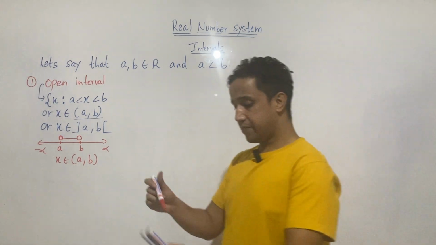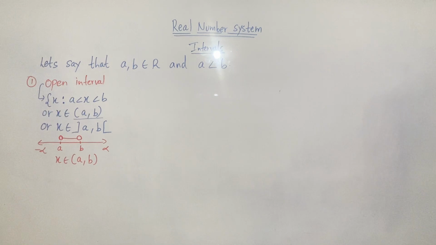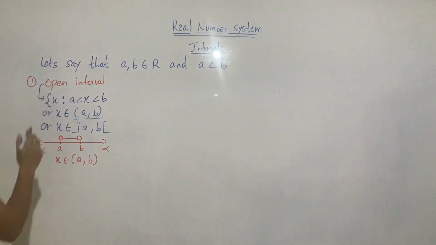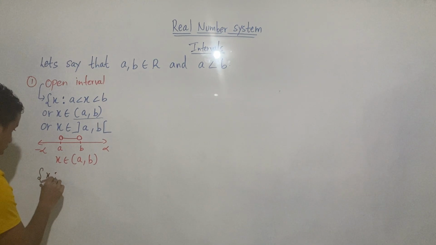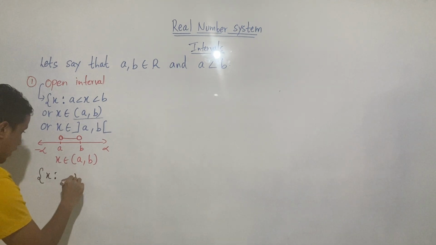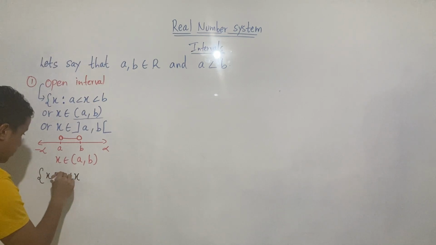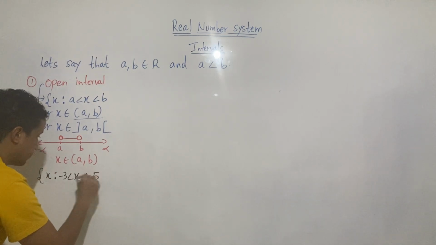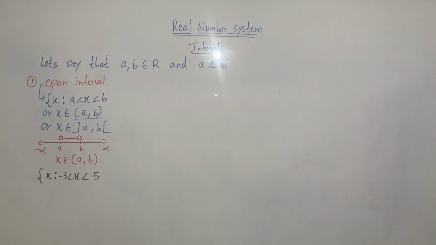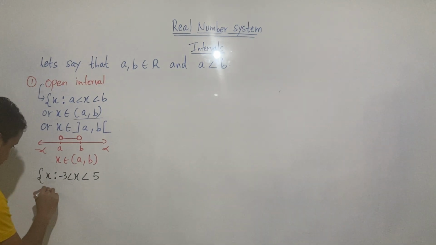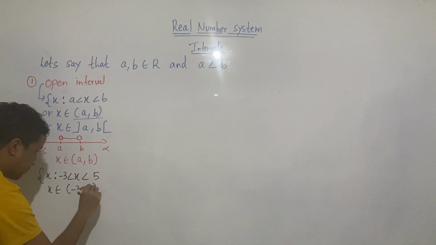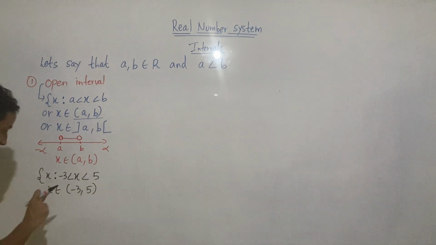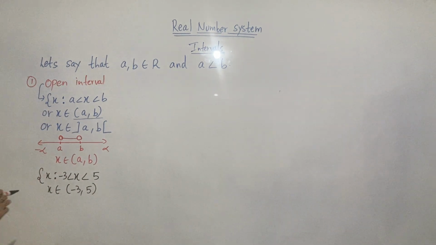Okay, let's say here I have a statement that says your x lies between -3 and 5, right? So what does it mean? It means x belongs to (-3, 5), open bracket, meaning -3 and 5 are not included.